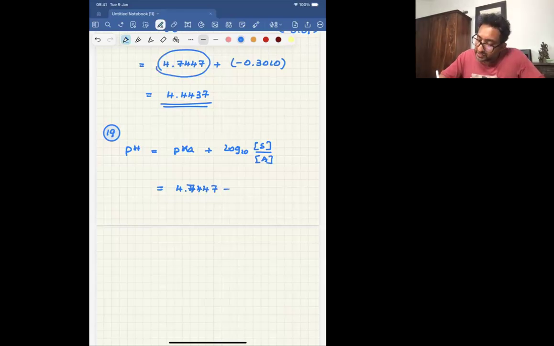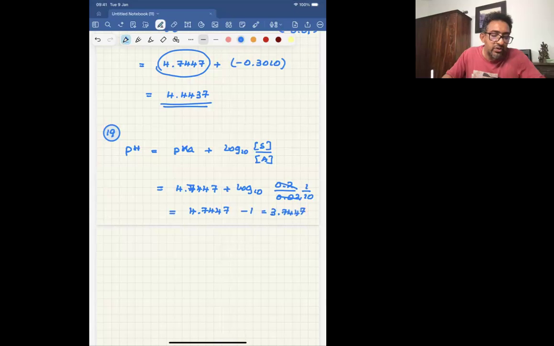Plus log10 of salt concentration 0.2 over acid concentration 0.02. That is 1 over 10, which is minus 1. So 4.7447 minus 1 gives 3.7447. It's not 5 point.